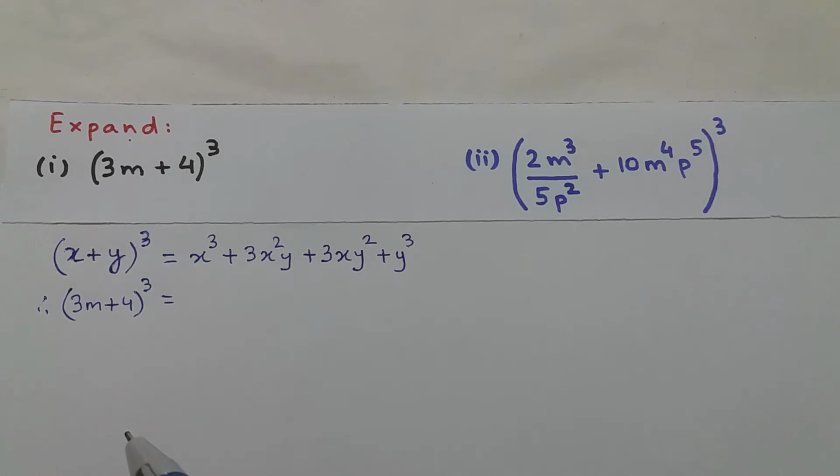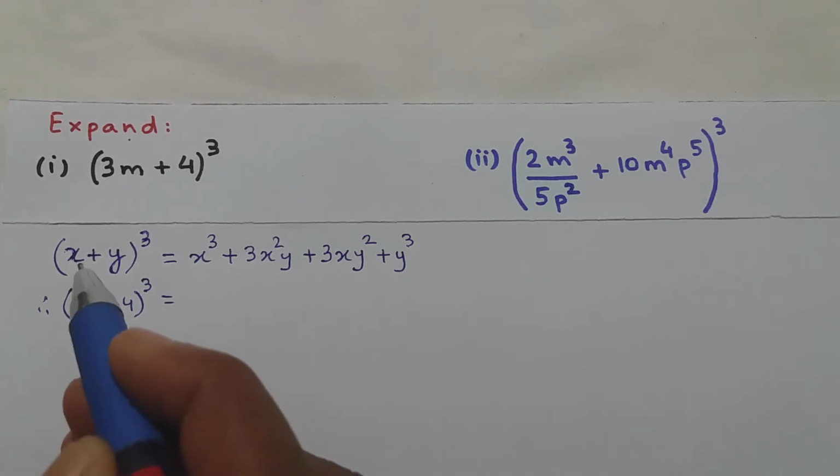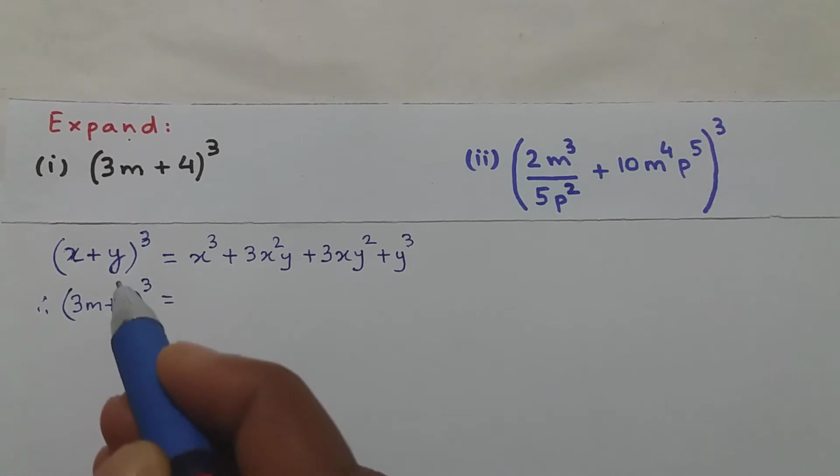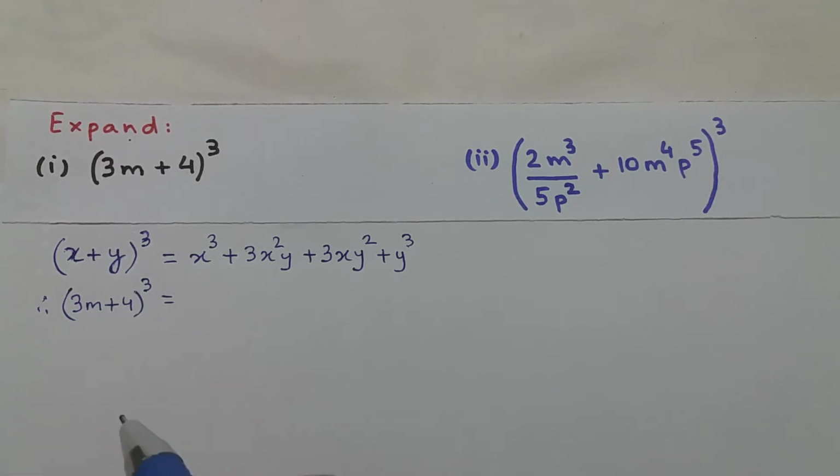So for our given expression, x is equal to 3m and y is equal to 4.